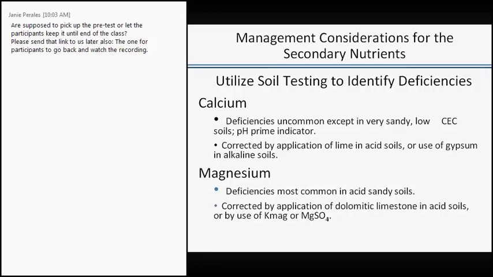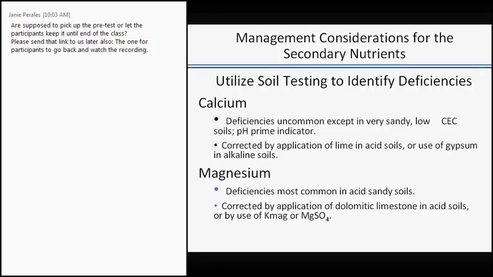Usually in alkaline soils, we have a sufficient quantity of calcium because calcium carbonate is usually present in our alkaline soils. Magnesium, again, it's basically the same thing as calcium. We very seldom have deficiency symptoms except where we have the potential, or where we have the acid sandy soils.